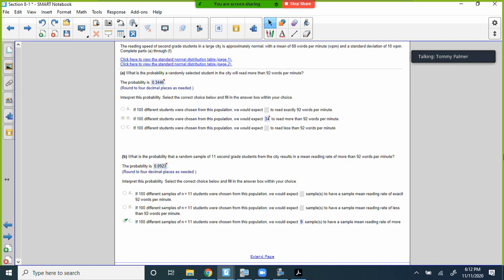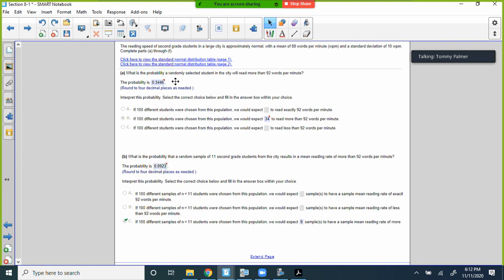But really, what we're looking at is what happens as the sample size goes up, right? We're going to be looking at the standard deviation of X bar, the sample mean.